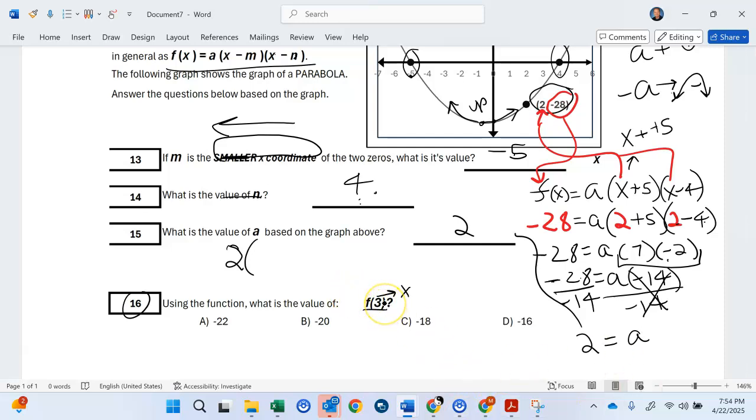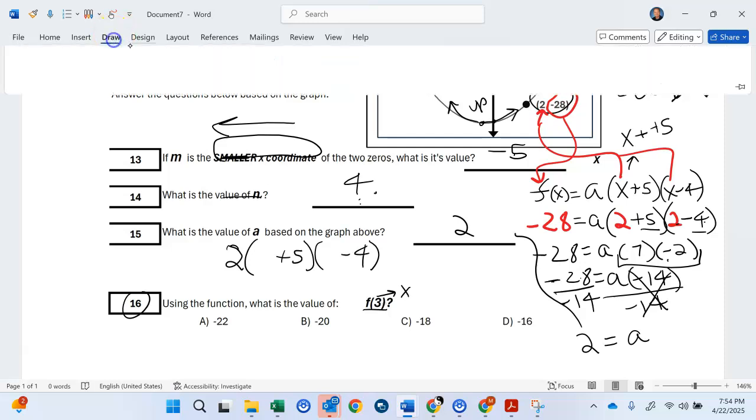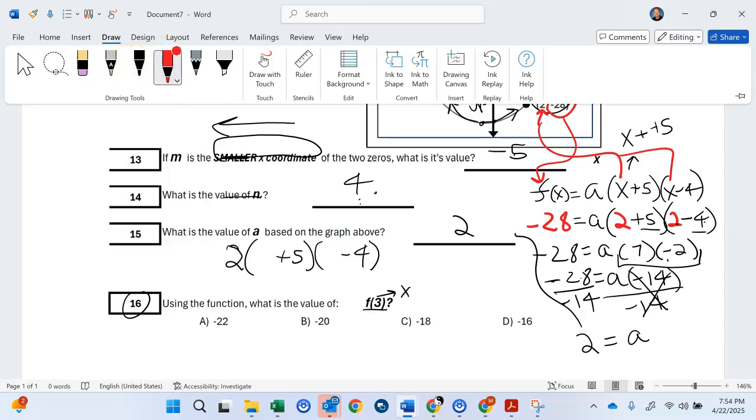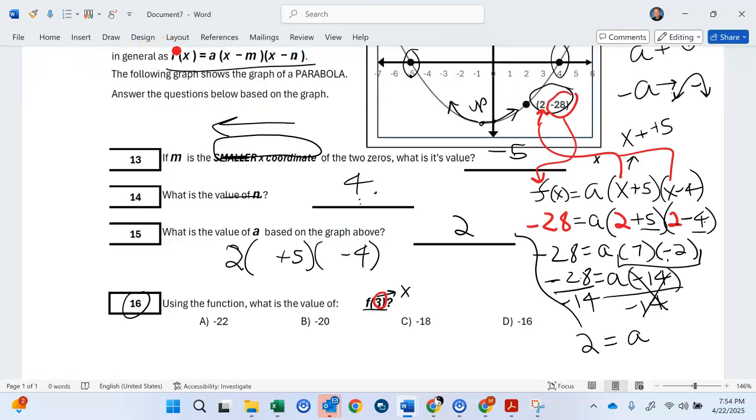So let me just do it like this. So this is a times x plus 5, x minus 4, and instead of x, let me do this in red so it stands out. I'm going to put this 3, right? So that 3 is going to go right there. And that comes from over here and over there, okay?